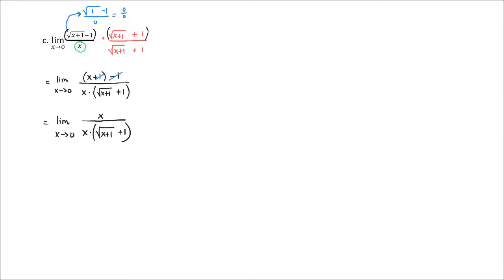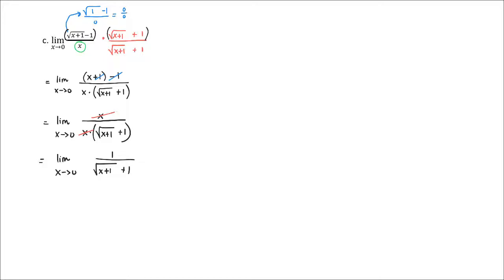Now nicely, these x's will divide out and you are going to be left with the limit as x approaches 0 of 1 over the square root of x plus 1 plus 1. But now this is really hopeful because we got rid of the x's that were causing the problem. These x's were causing the indeterminacy of 0 over 0.